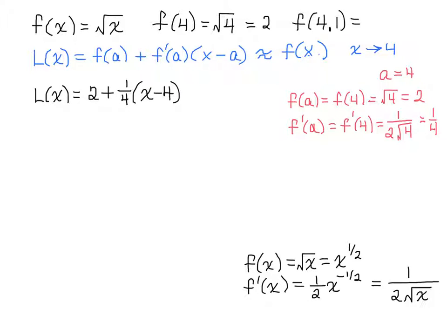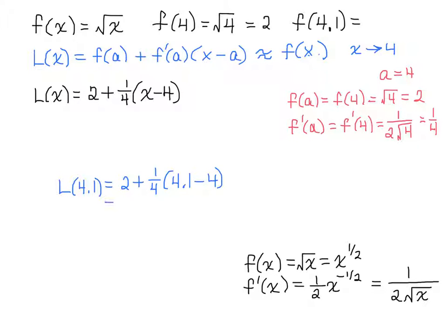So we want to find what then is L of 4.1? Because we know that very close to 4, L of x and f of x have the same height, which means that L of 4.1 is going to be very close to f of 4.1. They're pretty close to the same height, same value. Well, it's going to be 2 plus 1/4 times 4.1 minus 4.